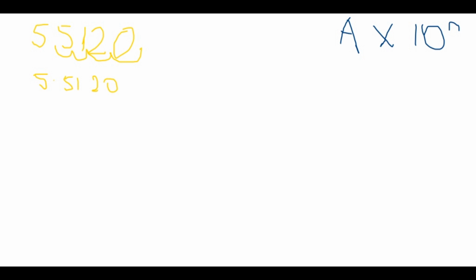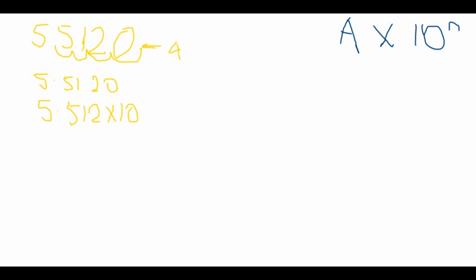Now take note, you can also leave out this 0 in standard form, and so we are going to have 5 point 5 1 2 times 10 to the power of steps moved, which is 4 steps.